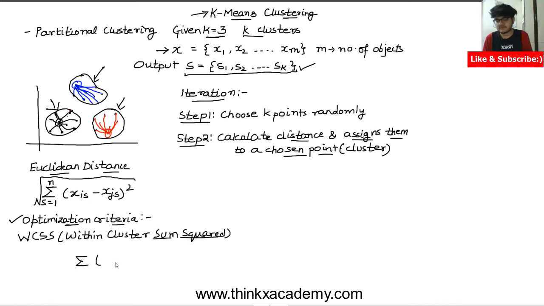The sum squared is given by |x_i minus mu_i| whole squared, right? Where mu_i is the center of these clusters.